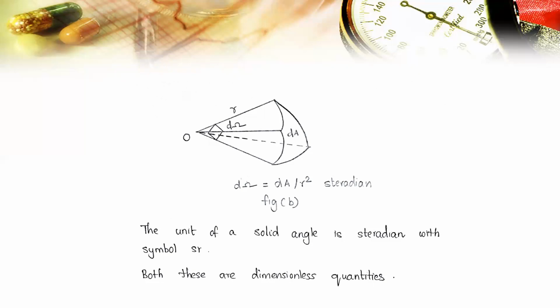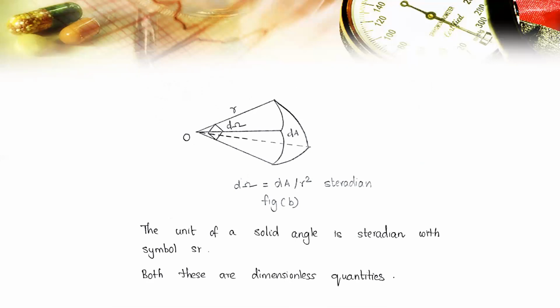When the cone shape is there, the angle at the bottom, the angle which comes up along with that cone shape, is called the solid angle. The solid angle is measured in steradian. The symbol of steradian is sr.